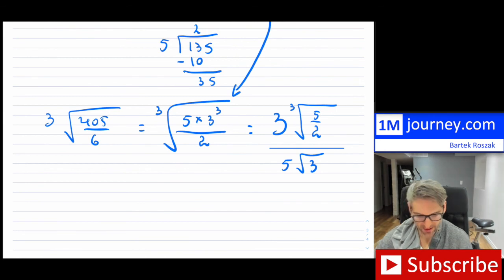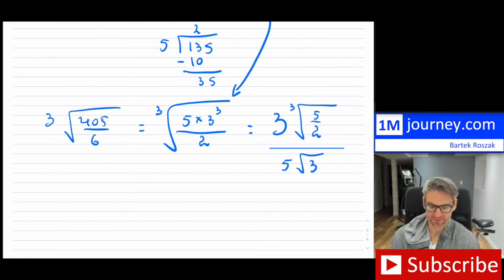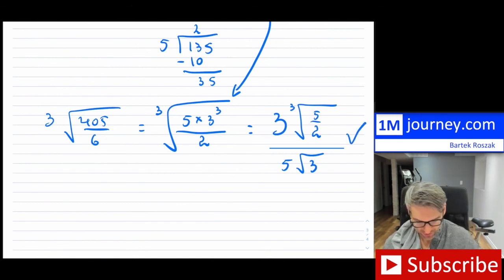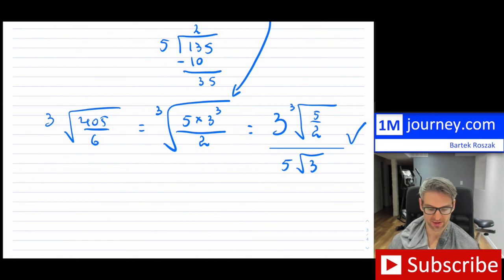All right, and that's what you have there. Okay. So now, can I simplify this any further? I mean, sure, I guess, the 3 on top and then the square root of 3 at the bottom, that can cancel out, okay, if you like. So you can leave it like this, probably is as far as you can take it in some way, because of the fact that you have this right here.